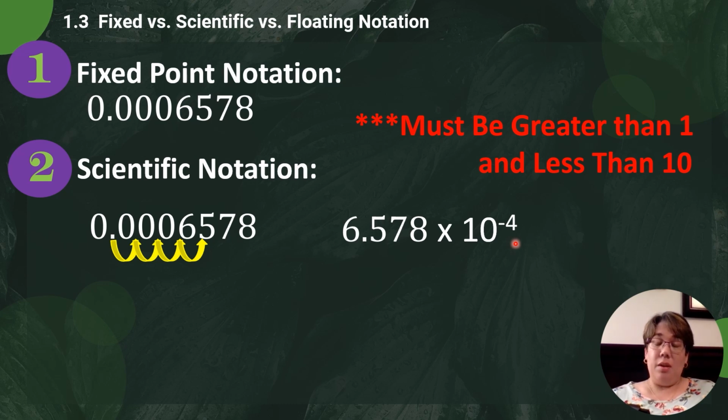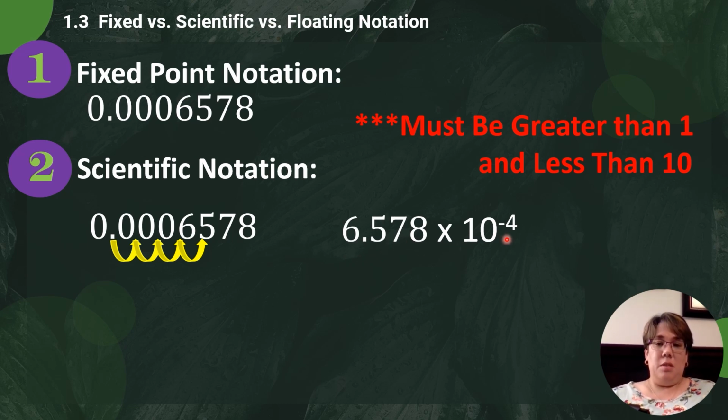So in the previous example, we had a larger number and we moved the decimal place to the left, and then we had a positive exponent. So I always think about bigger numbers requiring positive exponents, small numbers requiring negative exponents. So that just helps me to keep that in mind.